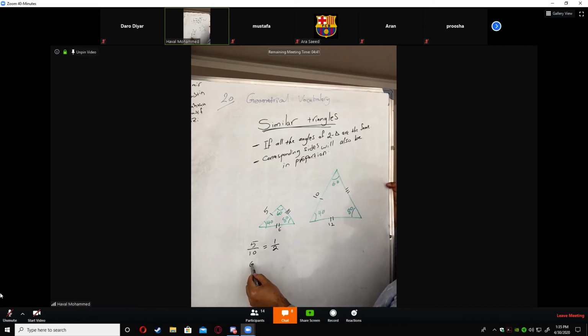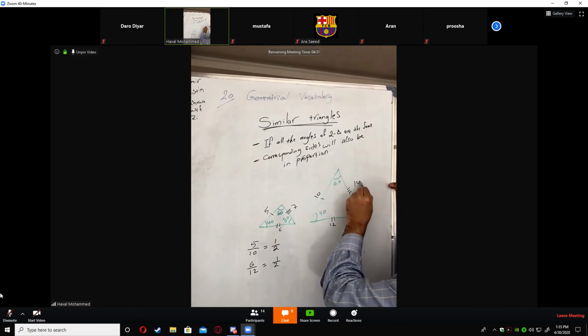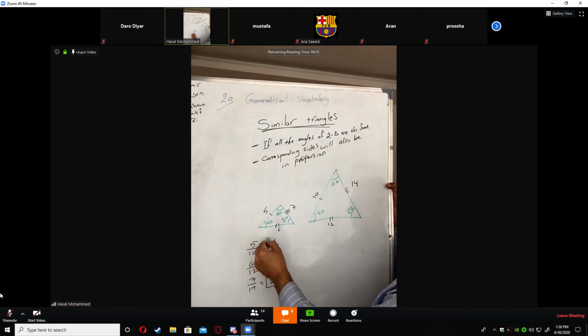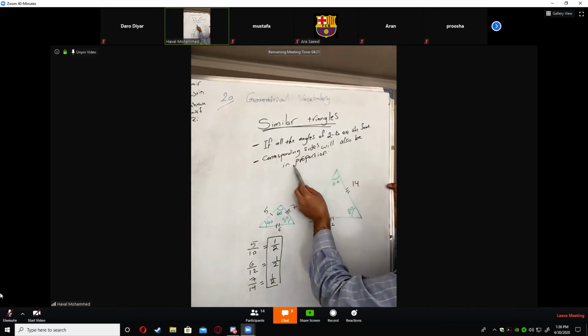Then 6 divided by 12, you still get 1/2. And this side, for example, 7, and this is 14. Then 7 divided by 14 is 1/2. That's the meaning of corresponding sides being in proportion.